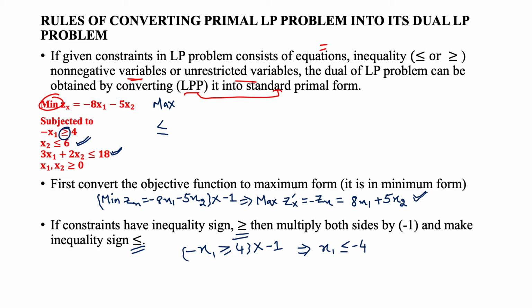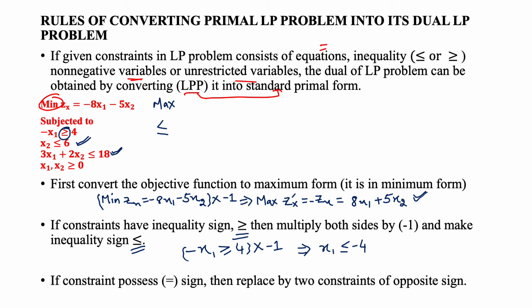That's how we convert a greater than sign into less than. Another case is if you have an equality constraint. Here you have inequalities in your constraints, but if you have an equals to sign, then you have to convert it into two constraints, where one will be less than and the other will be in greater than form. We will see this in our next example. Here it is not applicable because we do not have any equals to constraint.